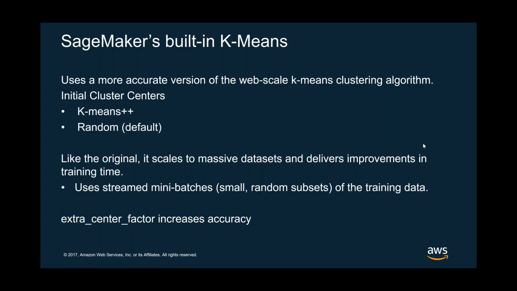The K-means that's built into SageMaker is made for very large data sets, although it's certainly usable on small data sets. But this ability to do mini batches massively improves the time and reduces the cost of doing your K-means training.